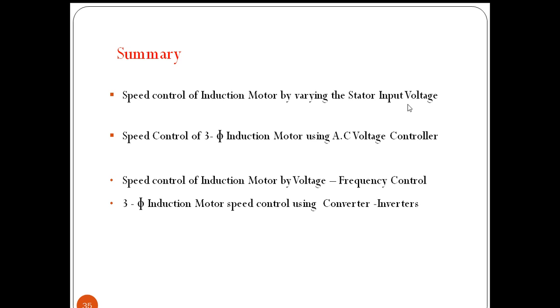The speed variation is also good, but as the supply is available in the form of AC, the circuit is becoming bulky and there will be problems due to converter commutation at commutator, severe commutation problems, and because of that we are going for AC drives.